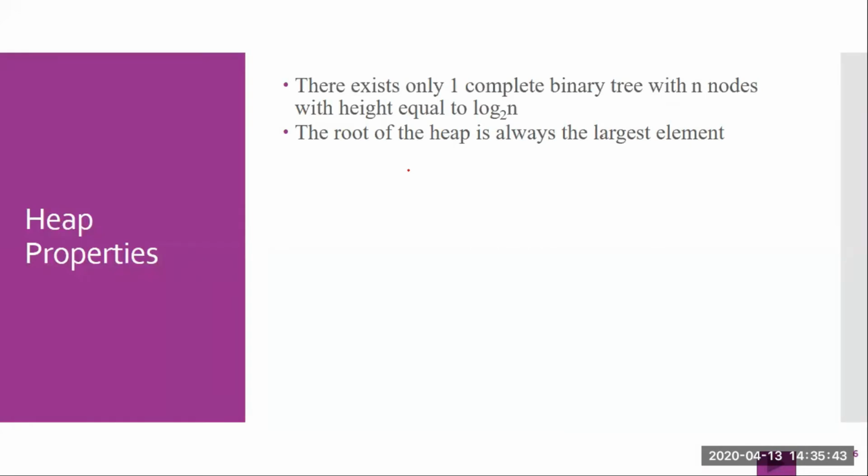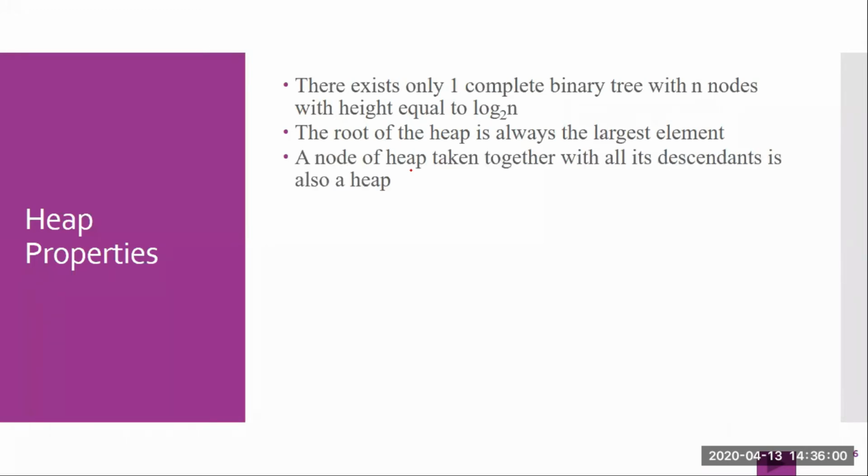Now, the second property is that the root of the heap is always the largest element, the topmost root. The first node should always be the largest element, because for every other node that follows, parental dominance should be present. Then a node of a heap taken together with all its descendants is also a heap.